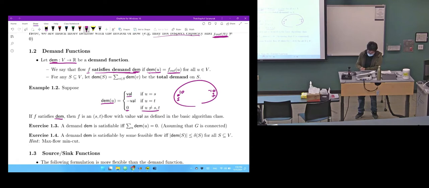It's going to be the ST flow from the basic algorithm class, with value val. Make sense?